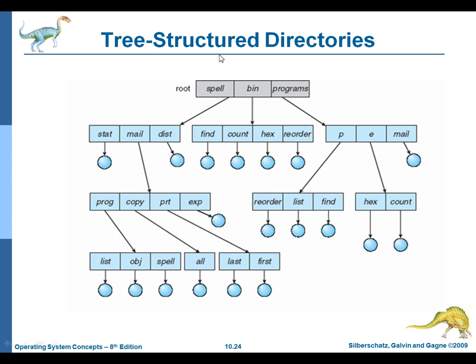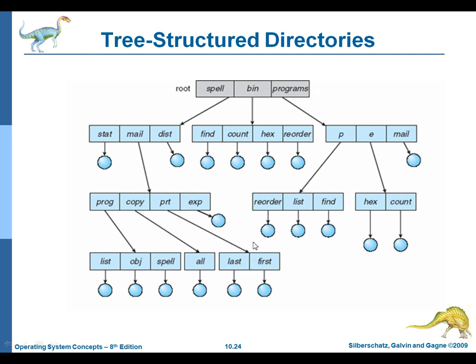As the name itself says, it is a tree structured directory. Let us consider this root. Here we have a user named spell. In this spell we have three different directories. In that, the mail again has three separate directories, in which the prog, copy, prt and exp. This particular prog, copy, prt again has subdirectories.